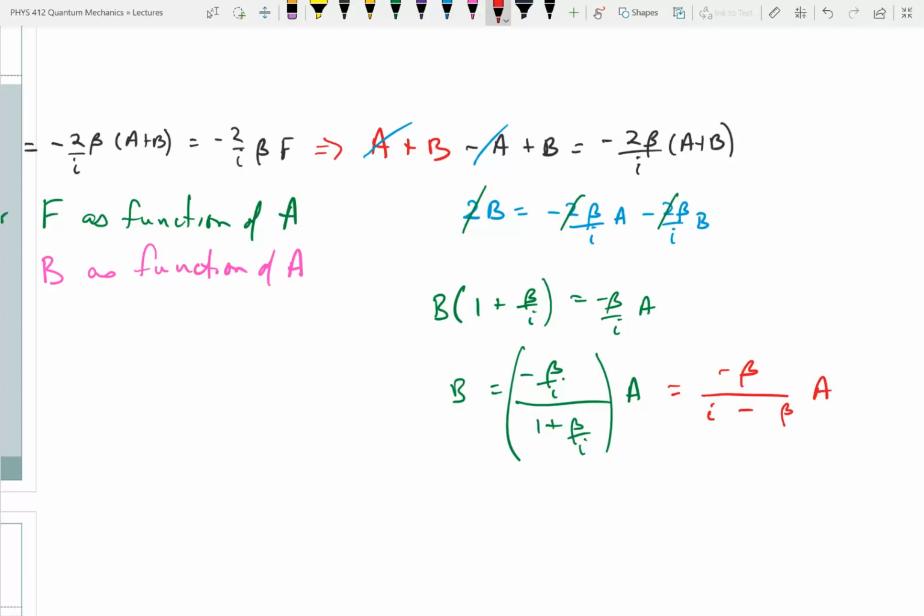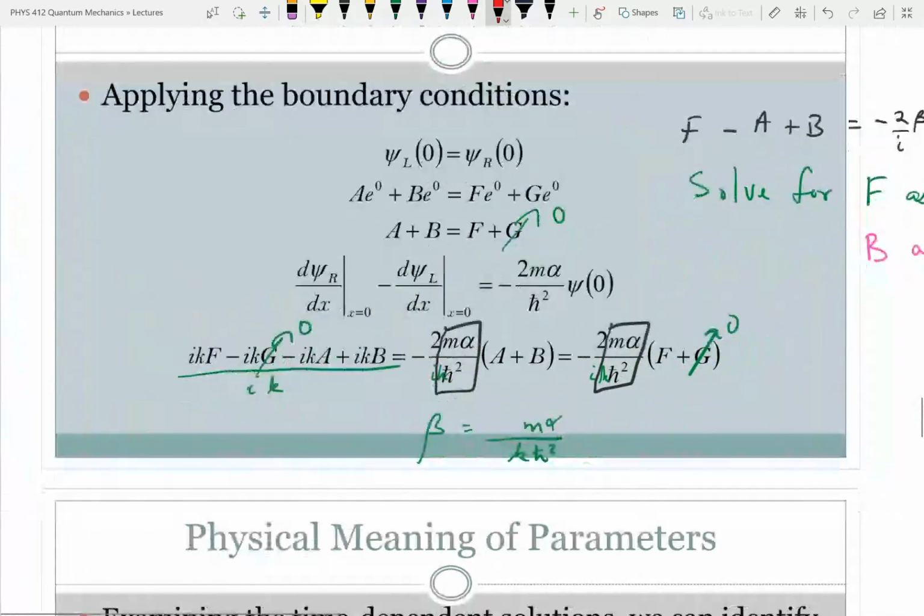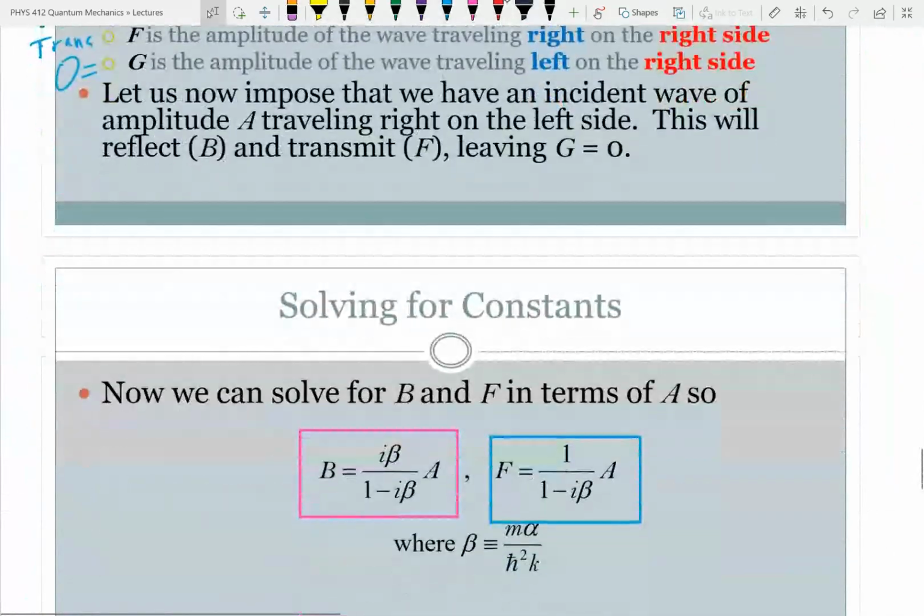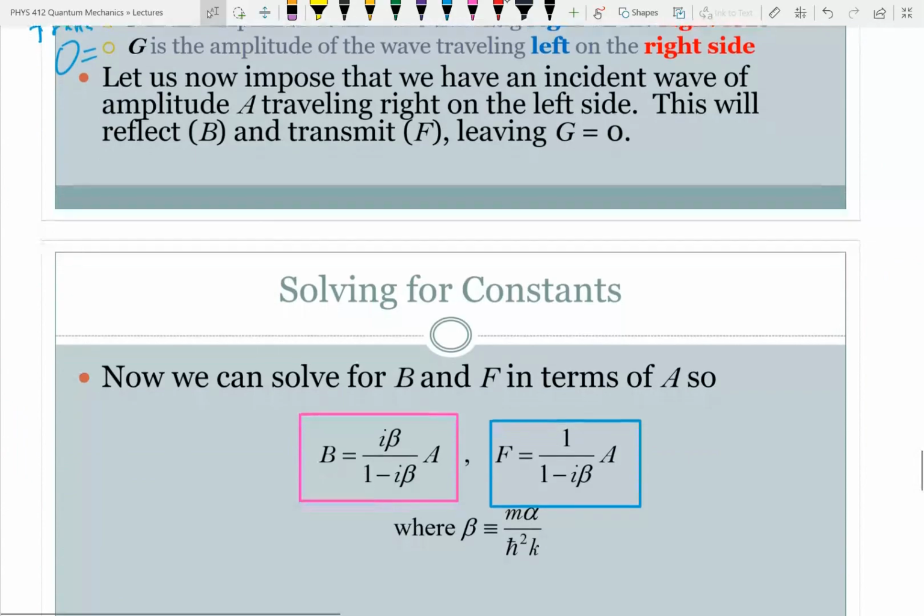Did I do that right? I'm not feeling super confident in myself, but I mean, what could go wrong? What's a couple signs between friends? So let's check. Yeah, that's right. B is equal to minus beta over I plus beta. Except that's not equal because it's a minus.